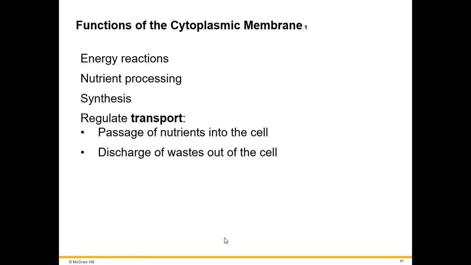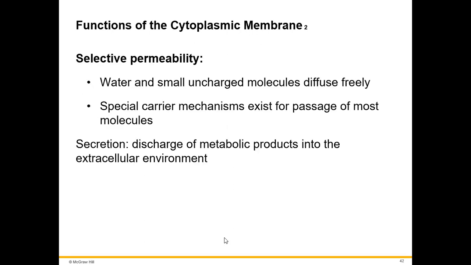The function of the cytoplasmic membrane: energy reactions occur on the cytoplasmic membrane. It's involved in processing nutrients and synthesis. It regulates transport of nutrients into the cell and the removal of waste from the cell, discharging the waste.